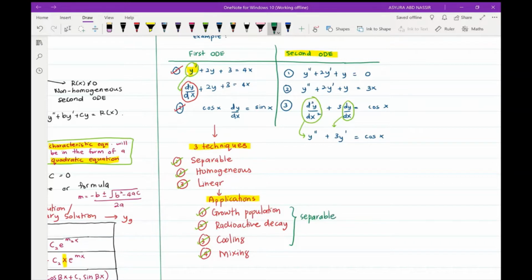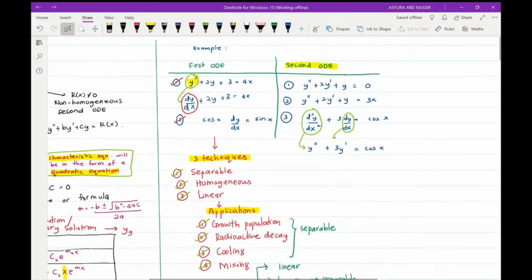But for mixing, you have several cases, and in most cases you will solve by using linear equation. But if your brine solution B equals 0, then you have to solve by using separable equation.